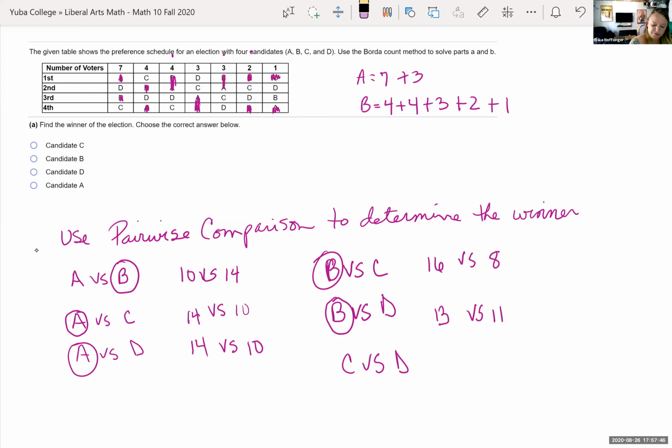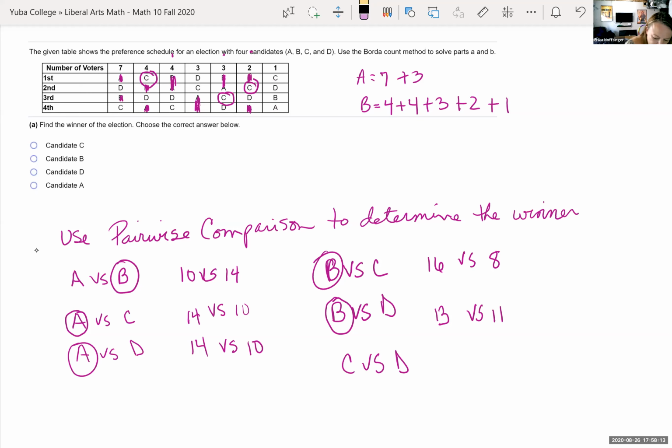Okay, so I'm going to go through with C first. So looking at the first ranking, D is the winner. Looking at the second ranking, we'd have C as the winner. Third ranking right here, C loses. C loses. Okay, C wins here. C wins here. And I crossed out the wrong thing.